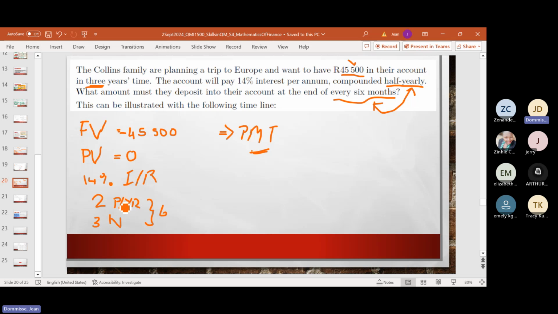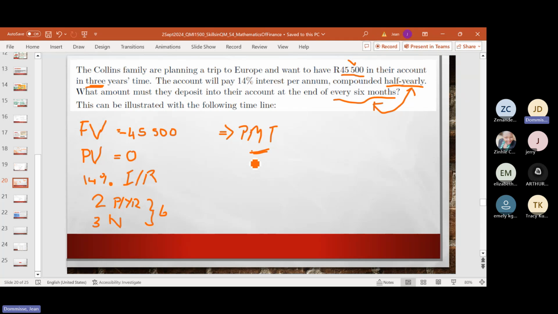Some calculators have P times per year, so some might have X, P, Y. Different calculators have different conventions. Then for N, if you work that out, it would have been 6 periods.